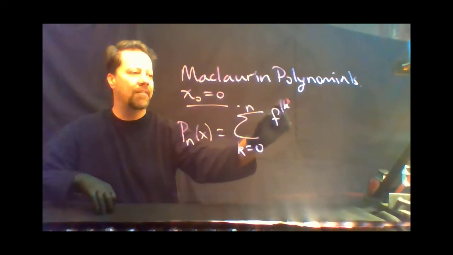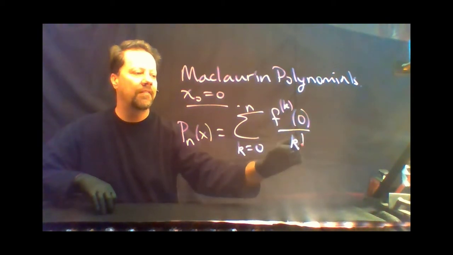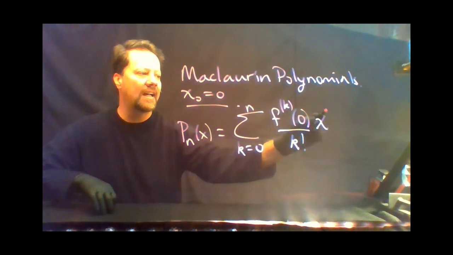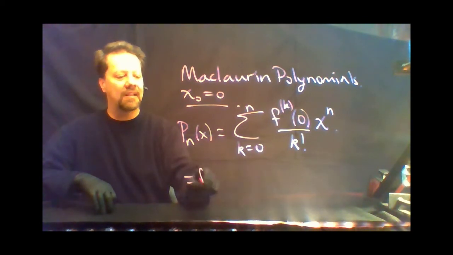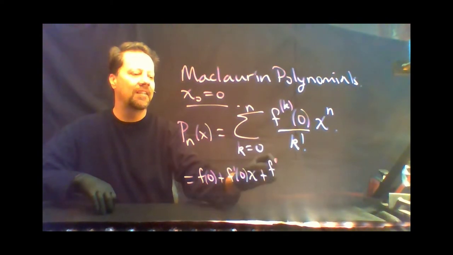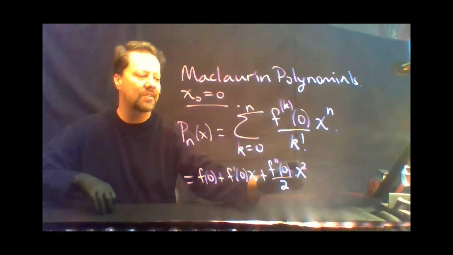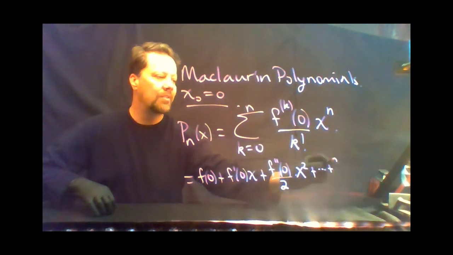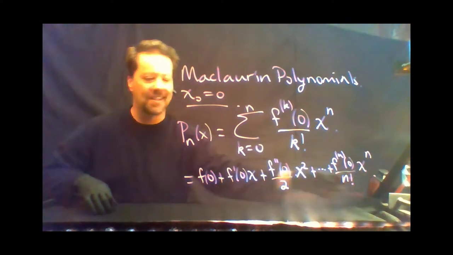You'll have the kth order derivative evaluated at 0 divided by k factorial times x to the power k. So these look like f of 0, f prime of 0 times x, f double prime at 0 divided by 2 times x squared, up to the nth order derivative at 0 divided by n factorial times x to the power n.